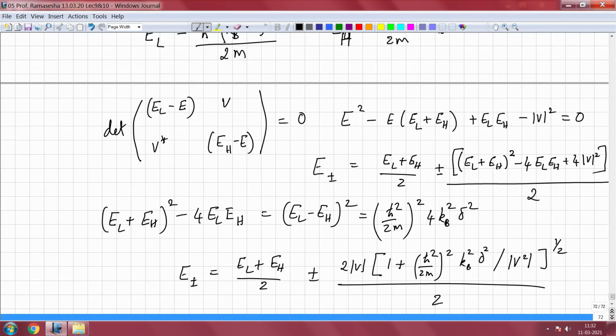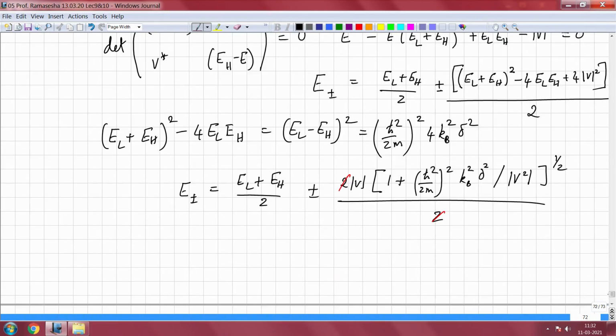So, I will have these 2's cancelling, and I can get the energy as E is equal to (EL plus EH) by 2, that is the average of the two energies, plus minus modulus V times, actually this is a binomial expansion I can carry out for this quantity, which is of the form 1 plus x to the power half.